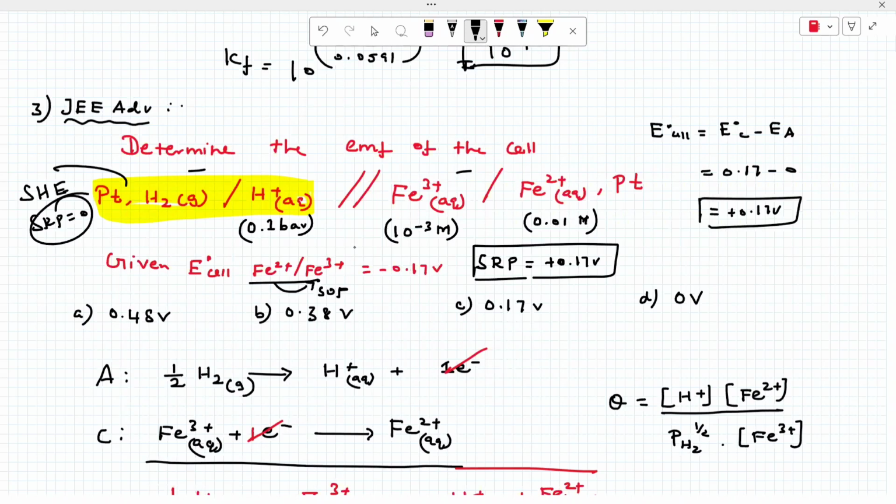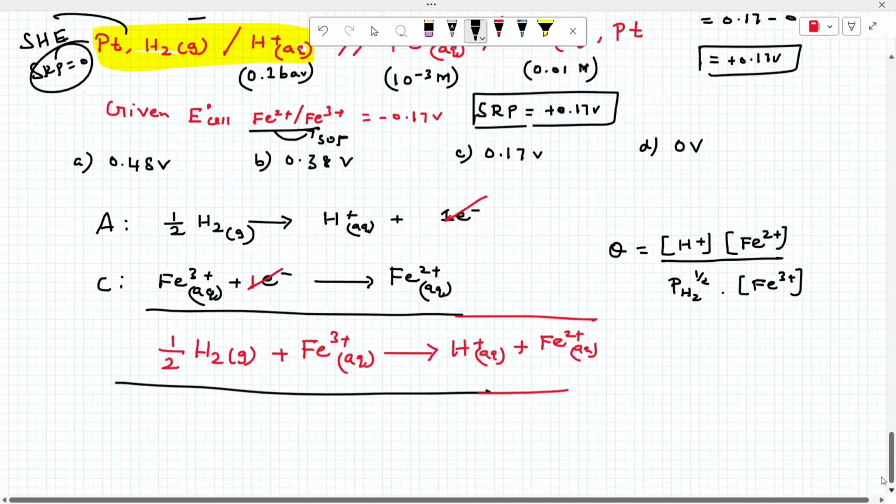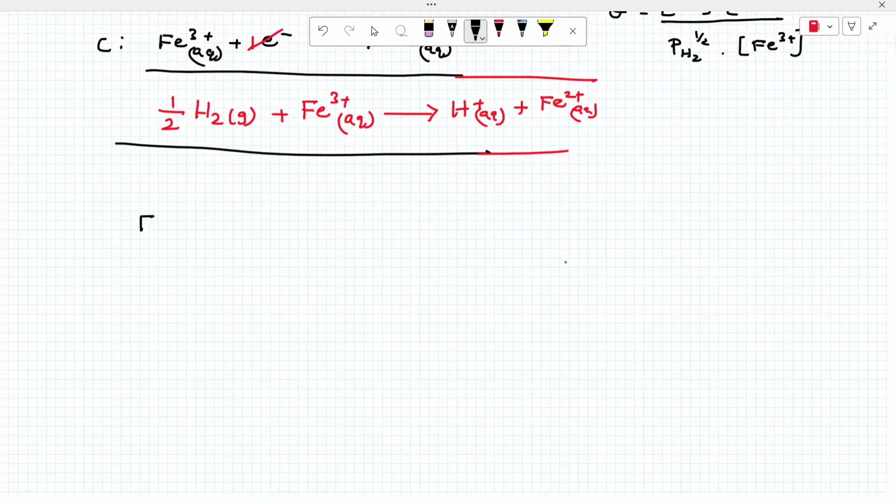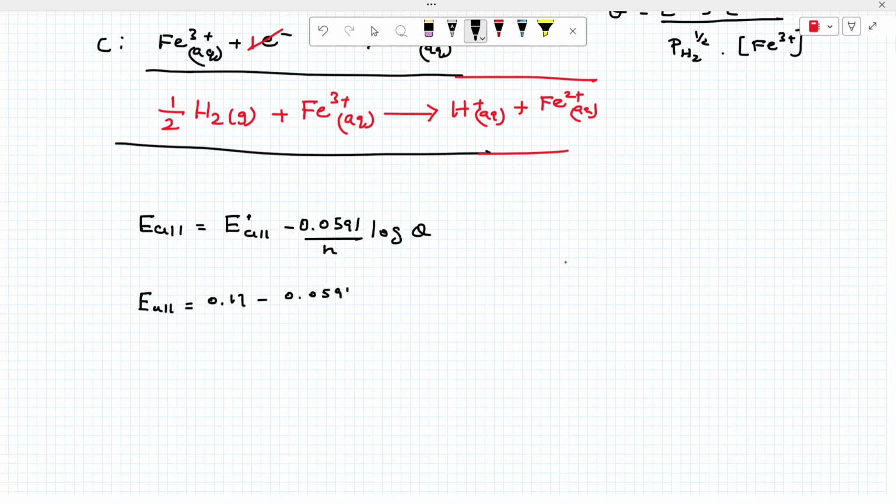Now we know the formula, right? Next equation. What is the formula? Simple. E cell is equal to E0 cell minus 0.0591 by n into log Q. Therefore E cell, what is the E naught cell value? 0.17 minus 0.059 by n value, 1.